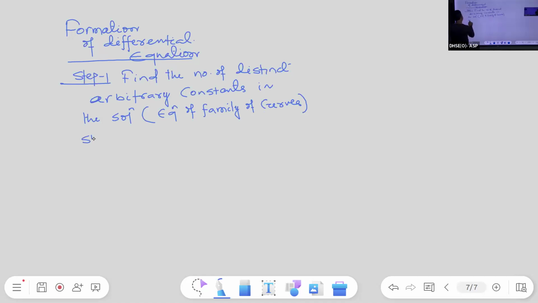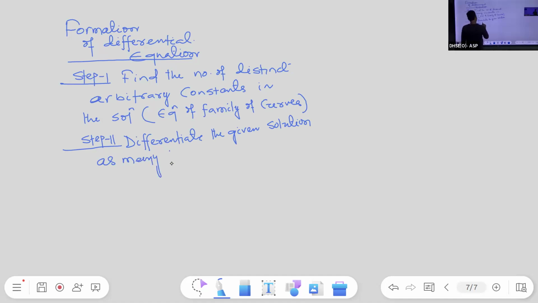Step two, differentiate the given solution as many times as the number of distinct arbitrary constants.